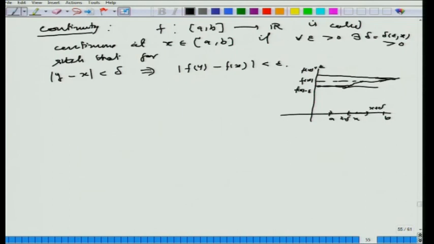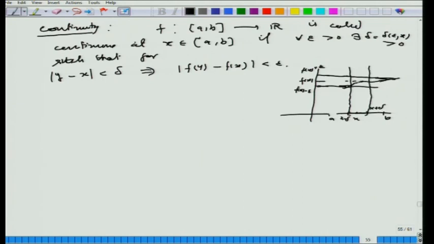And this is the x minus delta to x plus delta strip.